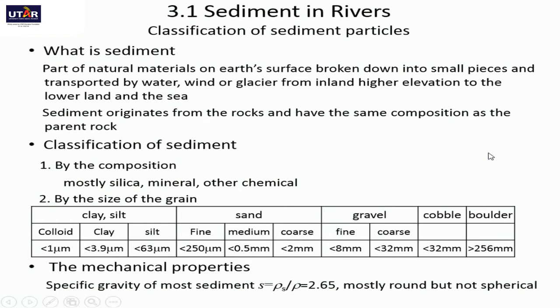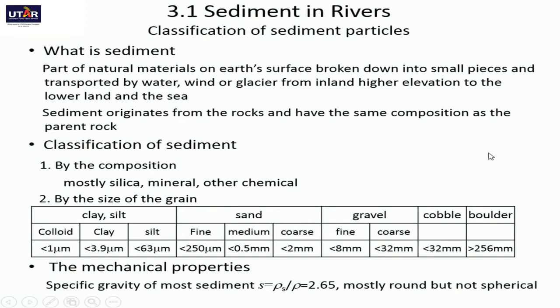Since the composition is mostly silicon-based compounds, unless the river carries such things as heavy metals like gold, the specific gravity may be considered fixed around 2.6. The shapes vary, but mostly round, especially after they are eroded as they are transported. So the main difference is the size of the grain. So we classify by the size of the grain.